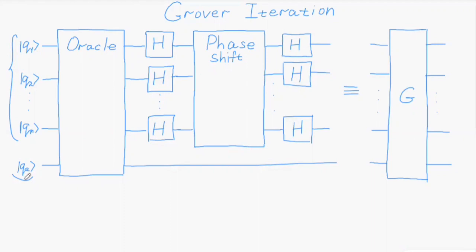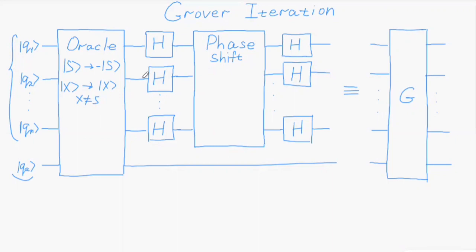It does not know the solution in advance, but if it sees the solution, then it changes the phase of the search register from +1 to -1. So if the search register is in the state of S, it changes it to -S. If the search register is in any other state, then it doesn't do anything to the search register. So for X not equal S, nothing happens.